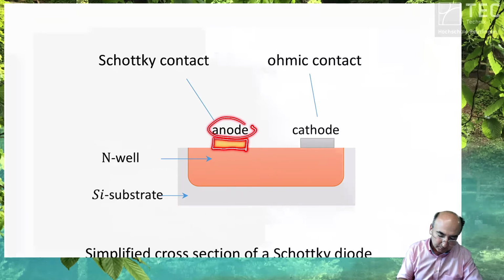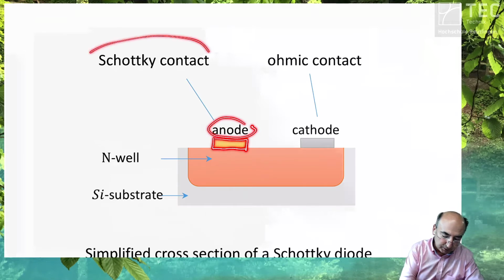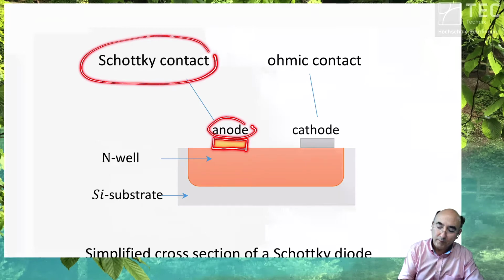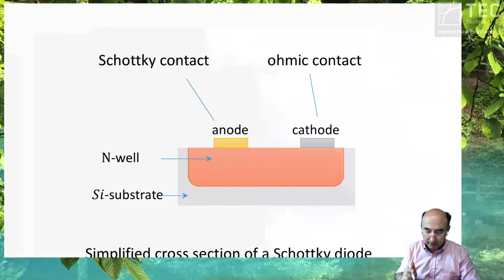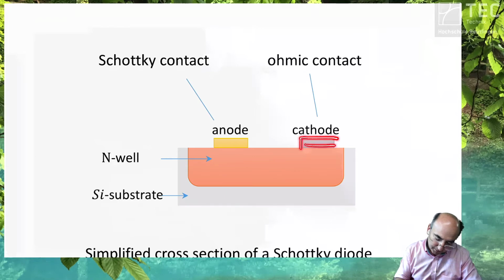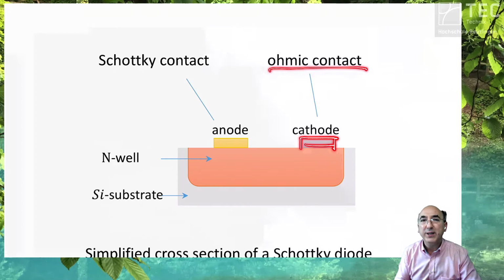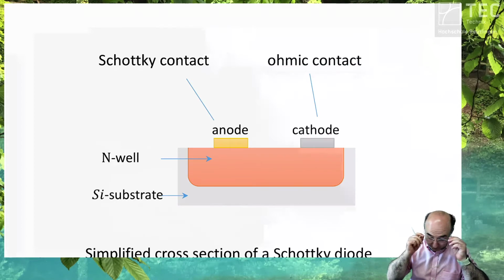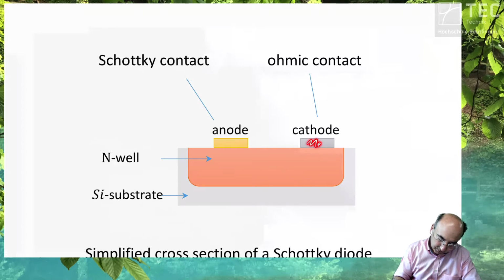And this metal builds up the Schottky contact. So now you can say, one moment, we have here also metal and call it ohmic contact. What is the difference? The difference is very large. If you have here a metal, you put this metal first.